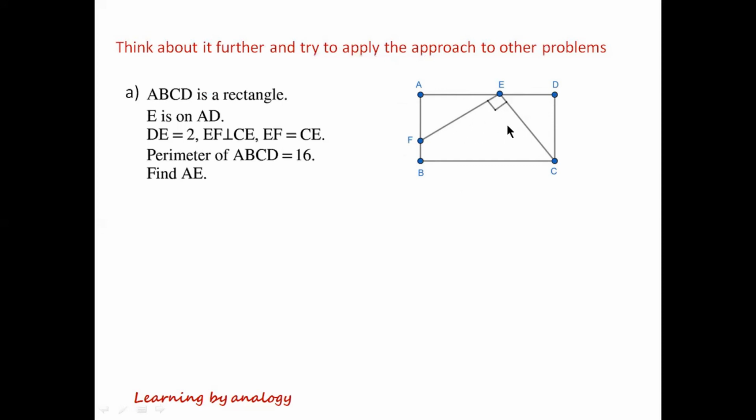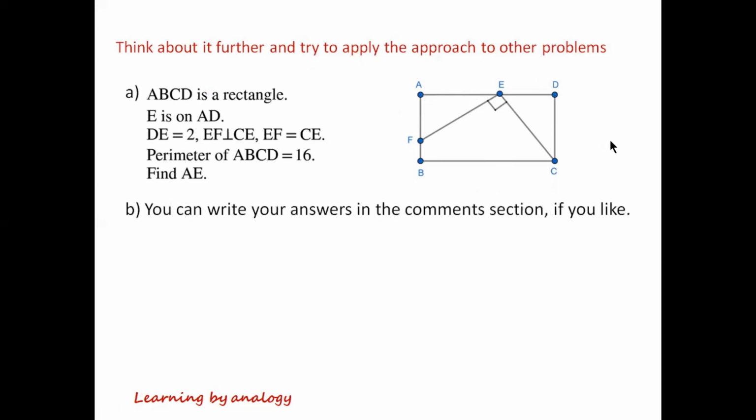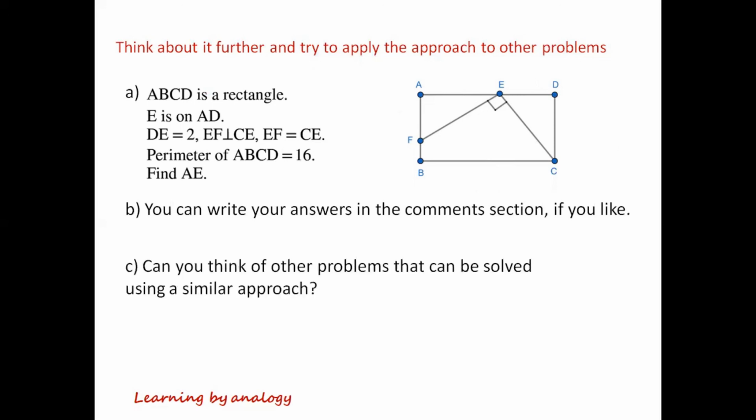EF equals CE. The perimeter of ABCD equals 16. Find AE. You can write your answers in the comments section if you like. Can you think of other problems that can be solved using a similar approach?